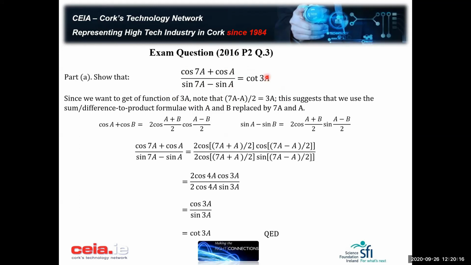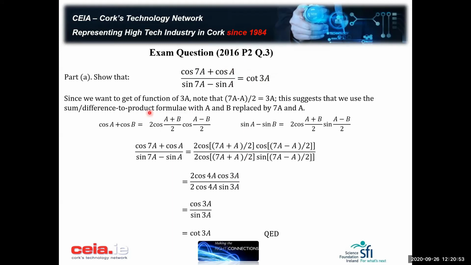The right-hand side contains 3a, and the left-hand side contains 7a and a. If you look through the log tables, the only way you're going to get from 7a and a to 3a is using these formulas that contain a plus b over 2 and a minus b over 2, because 7a plus a over 2 will give you 4a, but 7a minus a over 2 will give you 3a.